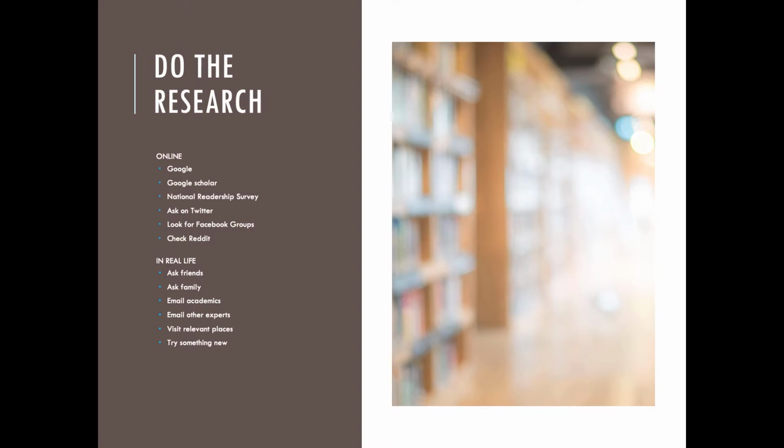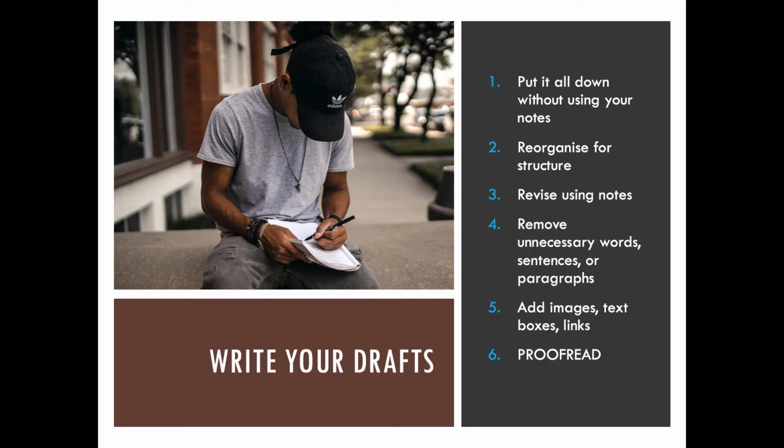You can always get an article out of trying something new. As we have seen over the last year or so, quite a few articles came out about how to bake sourdough, for example, and the perfect banana loaf. So people were getting articles out of doing something new.